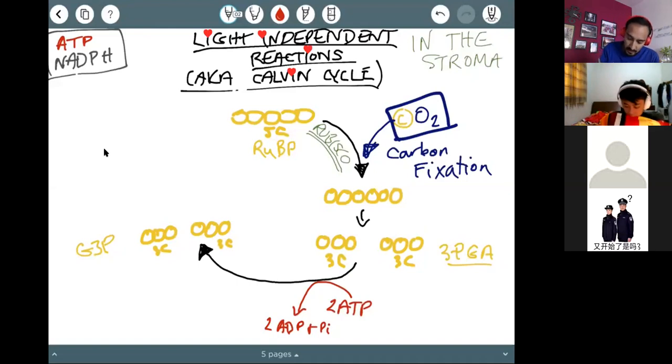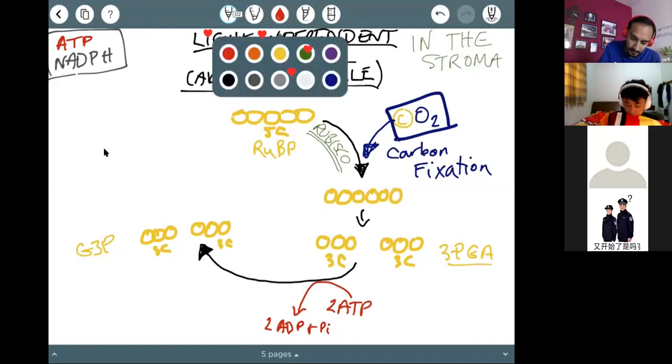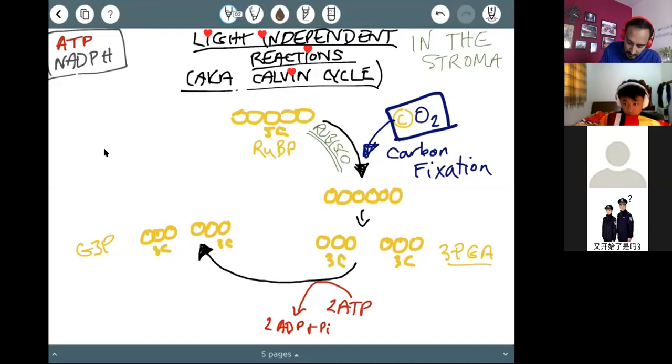And you're also going to use 2 NADPHs. Mr. Miller, I assume the ADP plus Pi goes back to the light dependent one. You would assume correctly. And the same thing is true for this one.